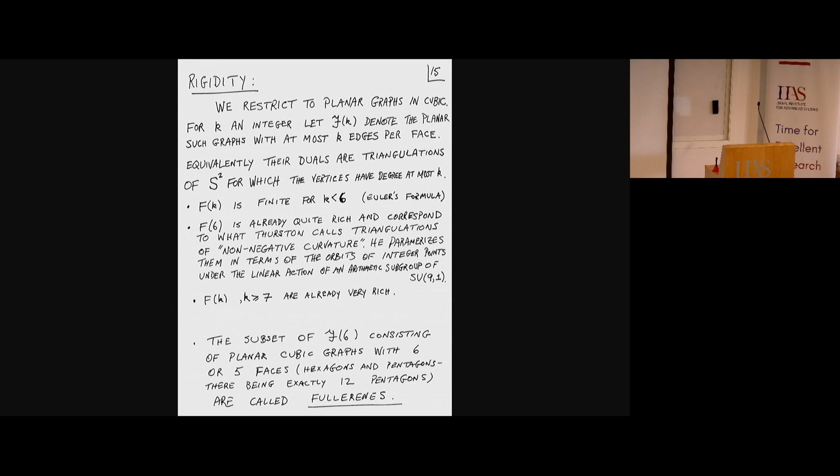He doesn't point out it's arithmetic, but it's a lattice inside SU(9,1), which turns out to be arithmetic. And there's a one-to-one correspondence between the orbits of this group on level sets where there's a Hermitian form of an imaginary quadratic field which is fixed, and the number of orbits there is the number of such triangulations, or in our language, the number of elements in F6.